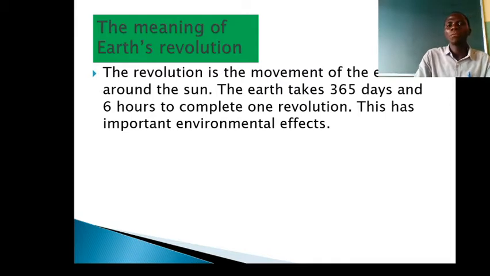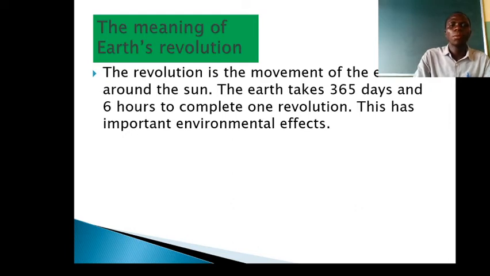The revolution movement is Earth's movement around the Sun. As you have seen in the image and in the movie, Earth was moving around the Sun. The Earth takes 365 days and 6 hours to complete one revolution.